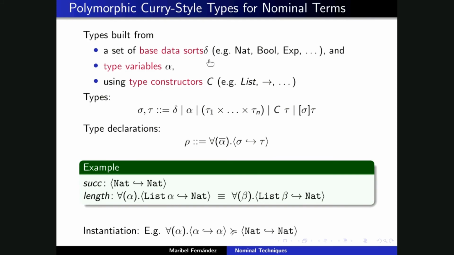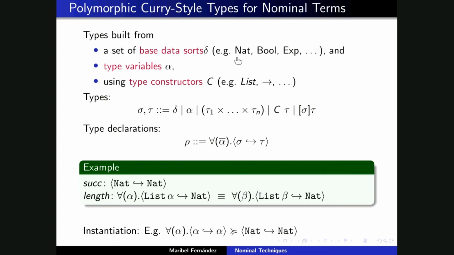So what are the types that we can use for nominal terms? Well, we are going to use data types, because remember we are dealing with terms. Terms are structures like trees that can have components or operators, constants of type nat or bool or any user-defined type that we want. The system we are going to define is polymorphic, so we will include variables in the type language.